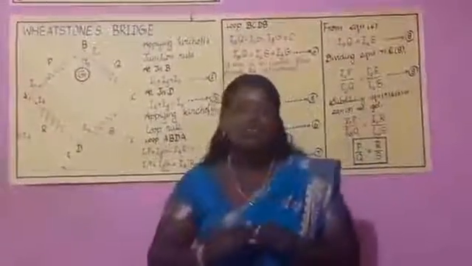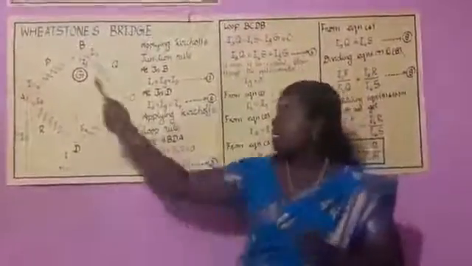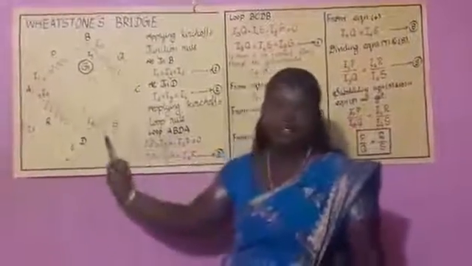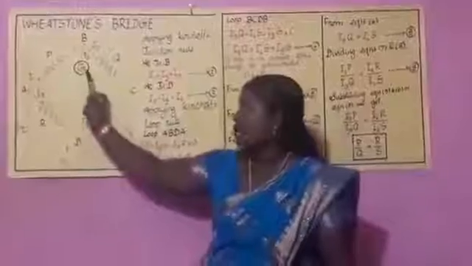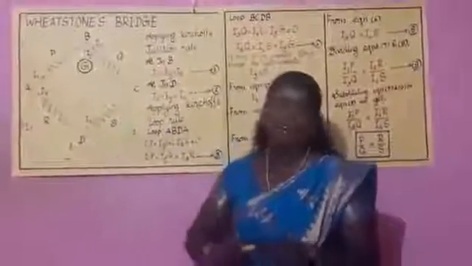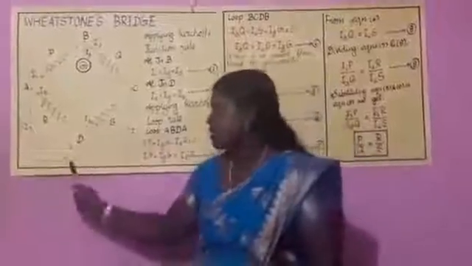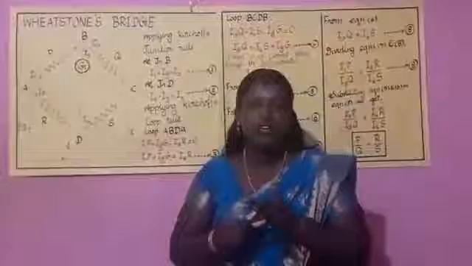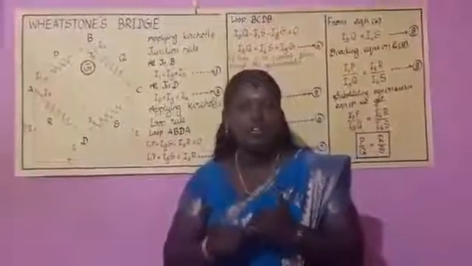This is the Wheatstone bridge circuit diagram. It consists of 4 resistors P, Q, R and S. One galvanometer is connected between the two junctions B and D. This is the EMF of a cell. Do you know the use of the EMF of a cell?